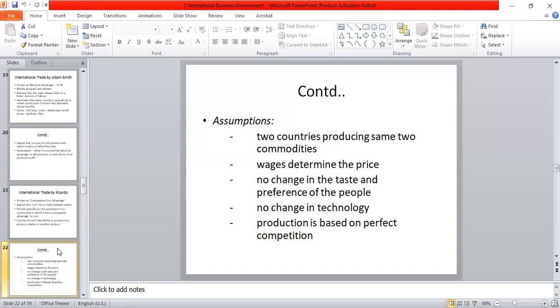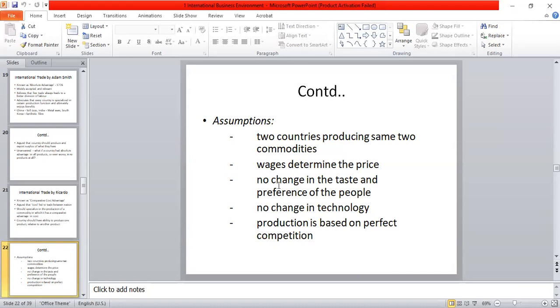But in these two countries, wages determine the price of sugar. The lower the wages, the more competitive the price of sugar. The higher the wages, the more expensive that sugar will be. So that is the second assumption: wages determine the price.